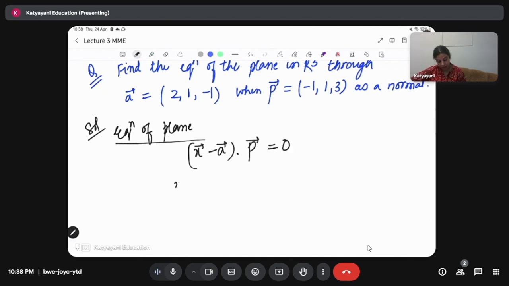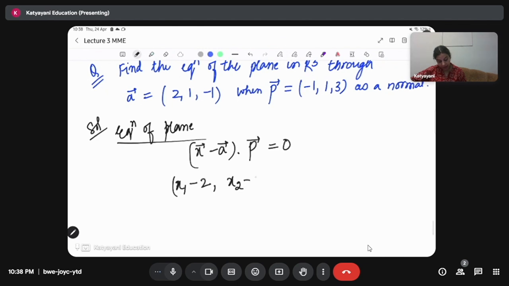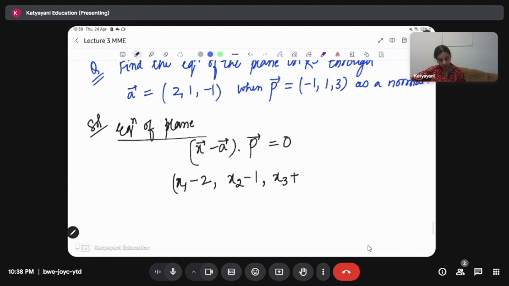Here you will write it as (x1 minus a1, a1 is 2, comma x2 minus a2, and a2 here is 1, comma x3 minus a3, and a3 here is minus 1, so it will become plus 1), dot product with P, which is (minus 1, 1 and 3), should be equal to 0.